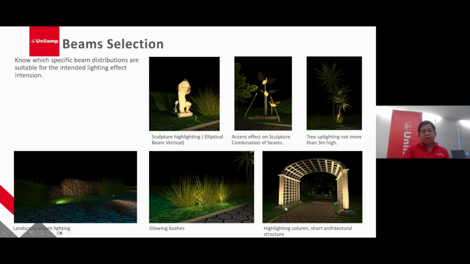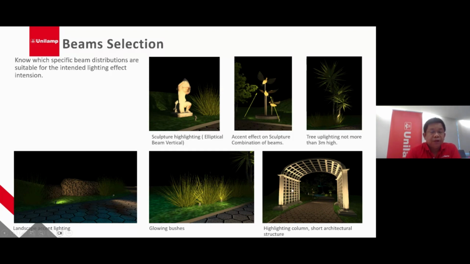At the same time, for example, if you have an architectural structure or a canopy that you intend to highlight more uniformly, every column, then you need to decide whether to use the medium beam or narrow beam. But I guess in order to prevent glare, it is better to use the narrow beam so that the beam spread will be focused on the structure.